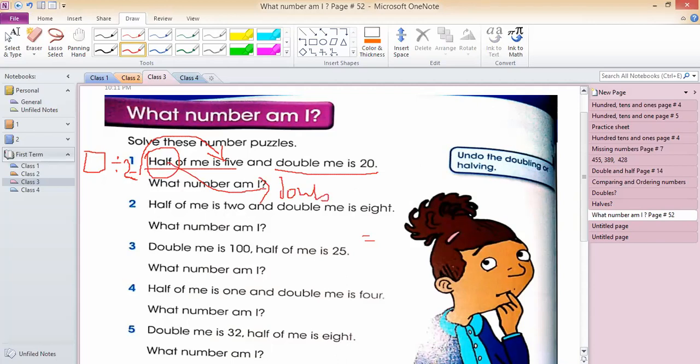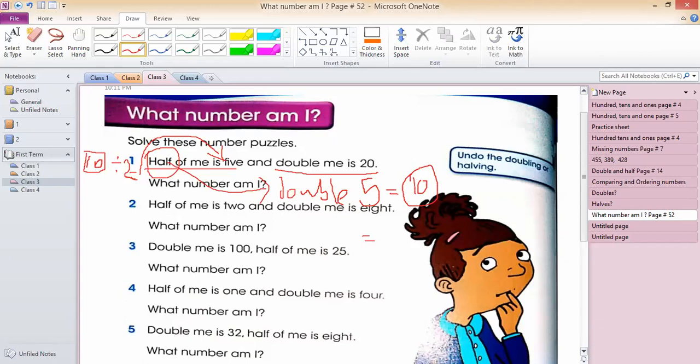When you find out double of 5, because the answer is 5, you will get the answer 5 multiplied by 2, that is 10. Now check that half of 10 is 5. So yes, half of 10 is 5. That means your answer is correct.